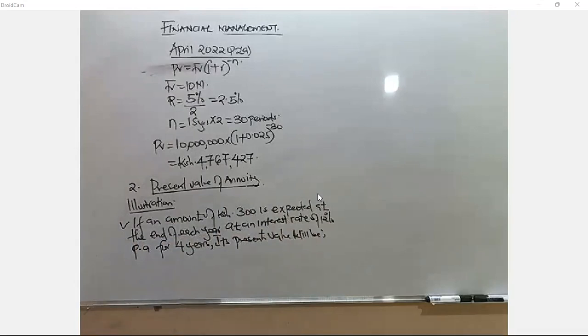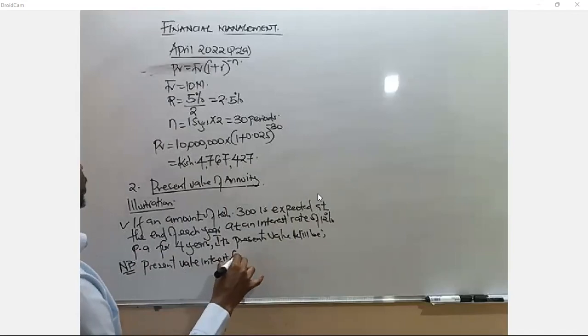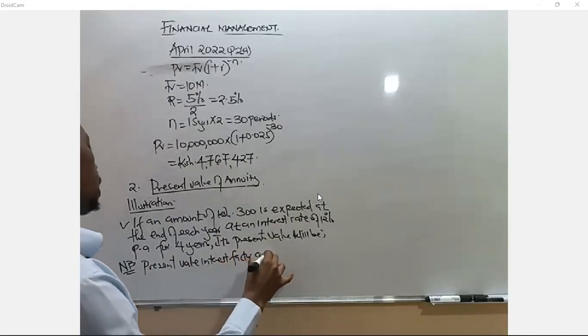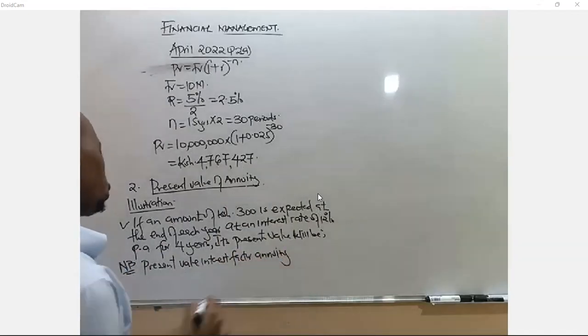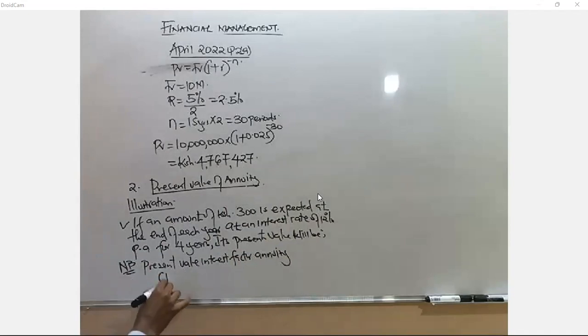Now in this case, I just want you to understand under NB here that our present value interest factor annuity in short form is normally written like this: the present value interest factor annuity R% N years.